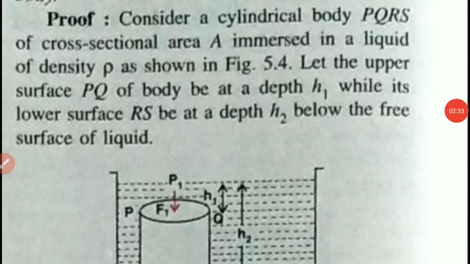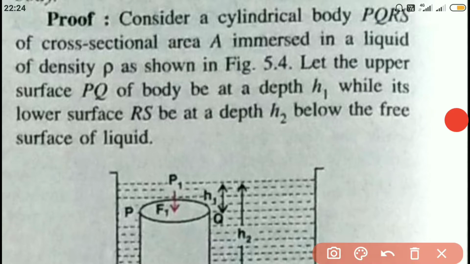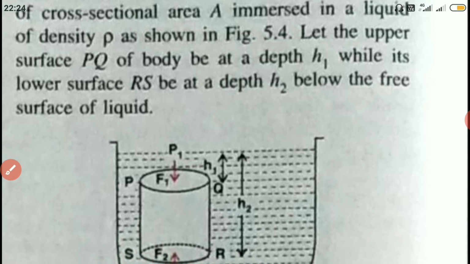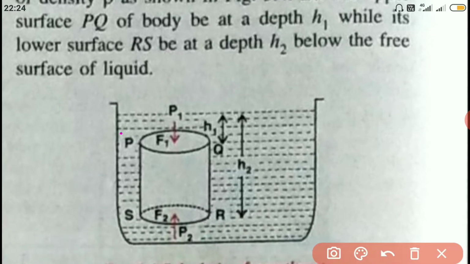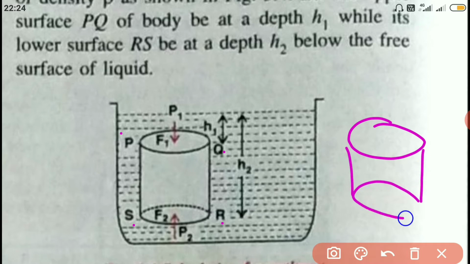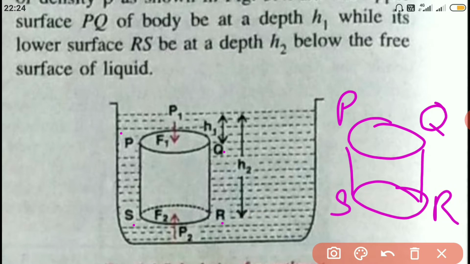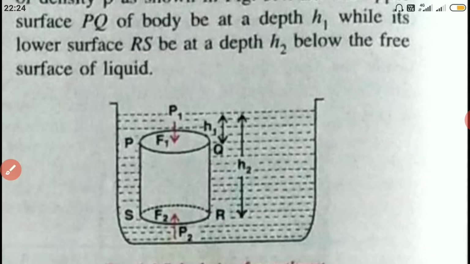To prove that upthrust should be equal to the weight of the liquid displaced, let us consider a cylindrical body PQRS, as shown here, like we have proved for the pressure.